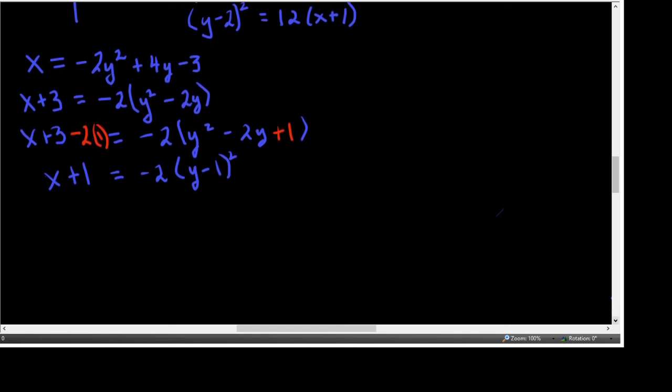So what I'm going to have to do is multiply both sides of the equation by negative 1/2. That's the reciprocal of the constant on the other side, to turn that negative 2 into a positive 1 in front of y minus 1 quantity squared. Okay, so that's the answer to that example.